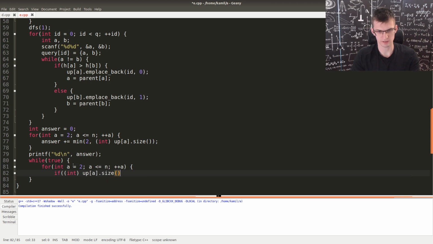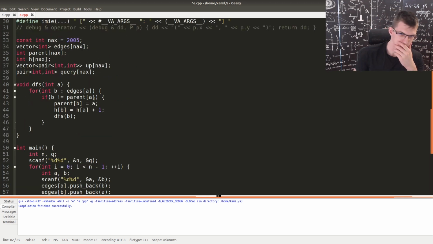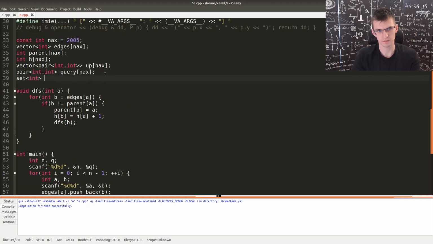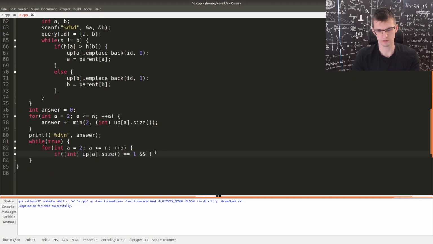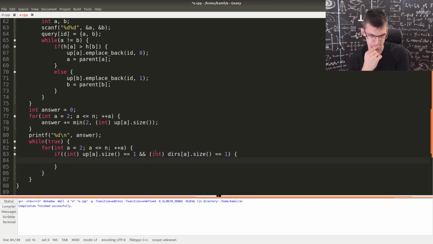If the size is equal 1 and directions of this is 1, then I need to do the other direction. There is only one path with this edge. There is exactly one direction used, up or down. Okay.